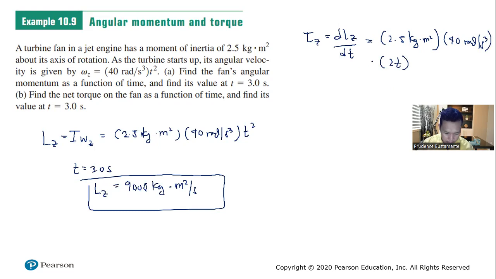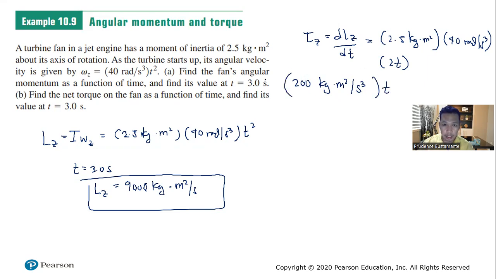So 2.5 times 40 times 2 gives 200, and the unit is kilograms meter squared per second cubed, times t.